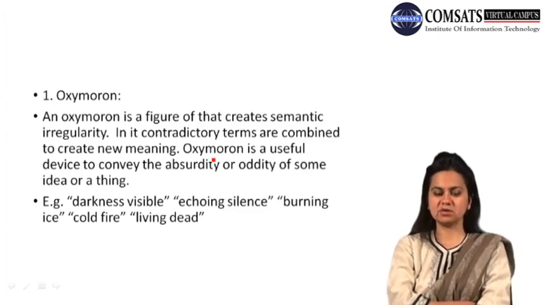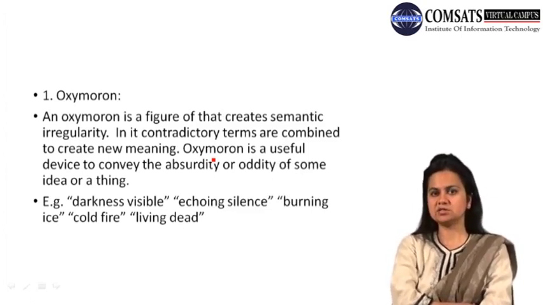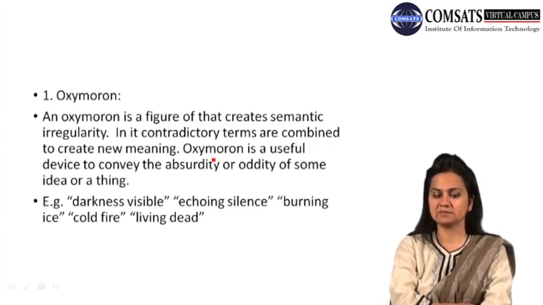Then Eliot uses the term living dead. Living and dead are two opposite ideas. Those who are living cannot be dead, and those who are dead cannot be living. But here it is used as an oxymoron, living dead. So darkness visible, living dead, echoing silence, burning ice, cold fire, all these words reveal that they are oxymorons.